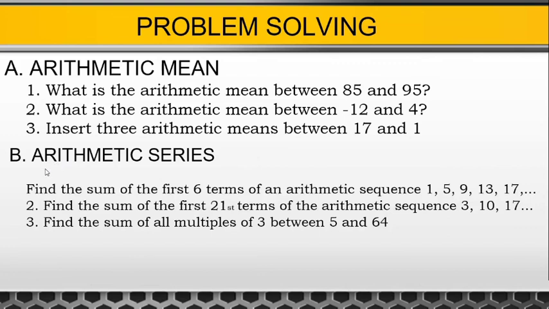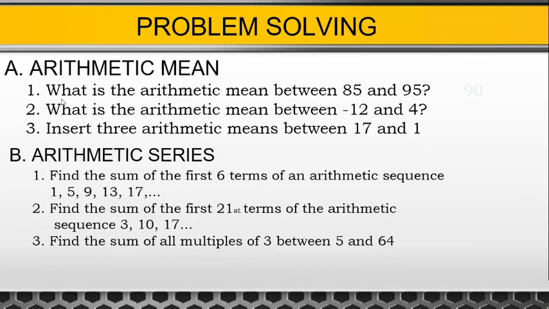And for letter B in arithmetic series, number 1, find the sum of the first 6 terms of the arithmetic sequence 1, 5, 9, 13, and 17. For number 2, find the sum of the first 21 terms of the arithmetic sequence 3, 10, and 17. And number 3, find the sum of all multiples of 3 between 5 and 64.